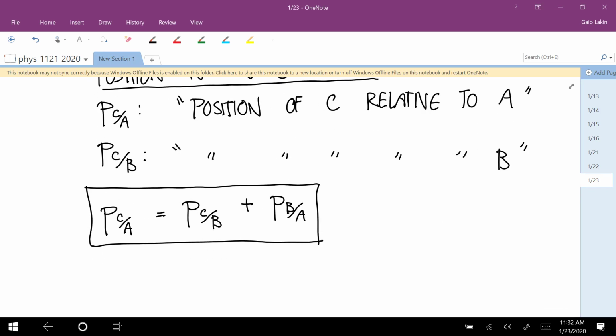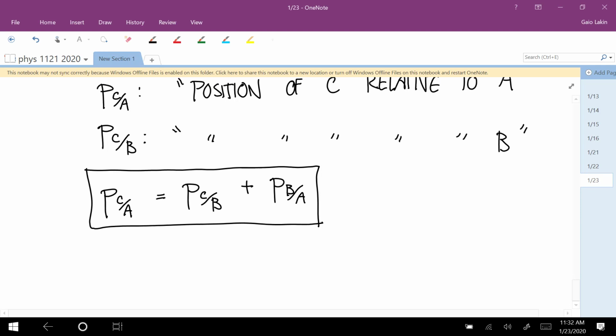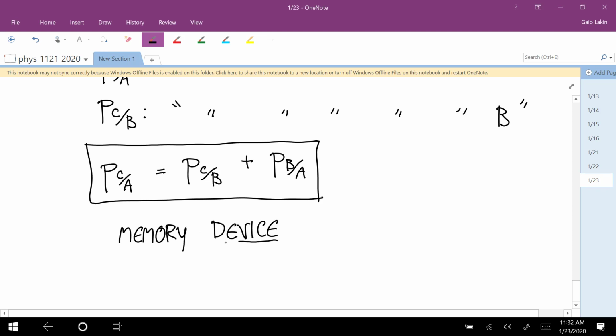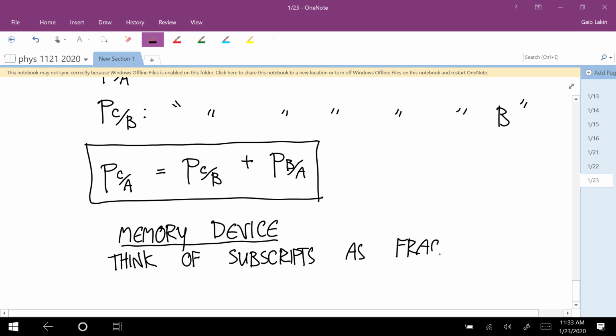It's not always going to be called A, B, and C. These subscripts will have different names based on what you're tracking. So there's a memory device that'll always let you get the subscripts in the right order. And it says, think of the subscripts as a fraction multiplication.